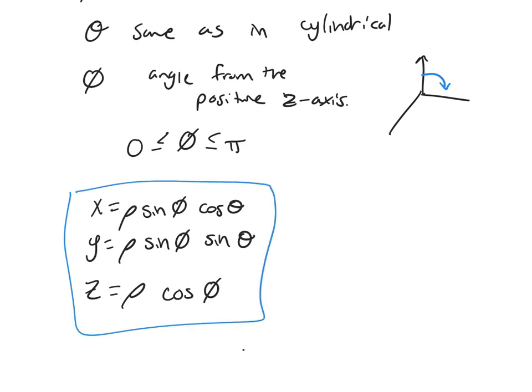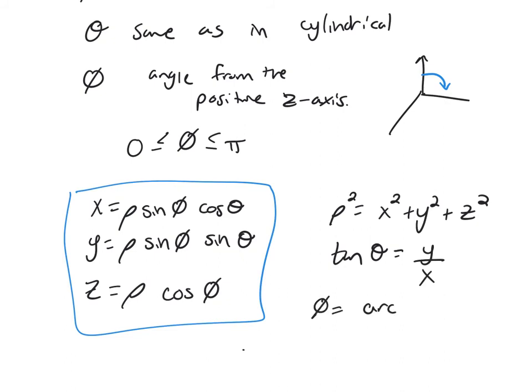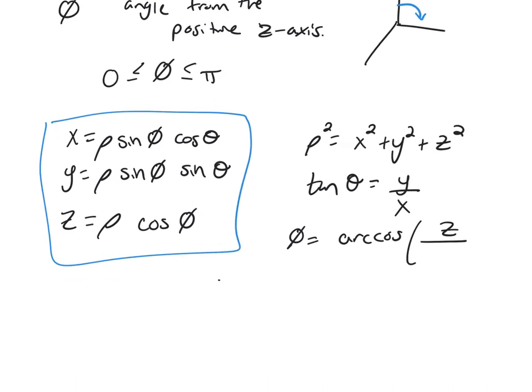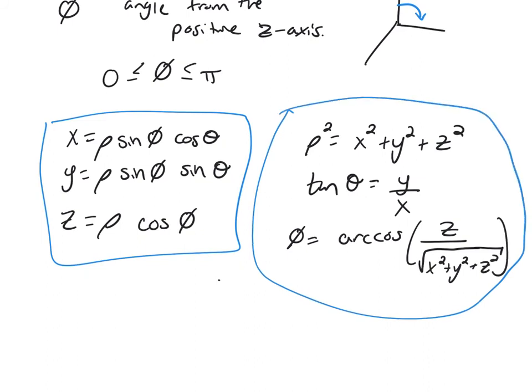And our second set, so rho squared, it's a similar equation to the formula for r squared. Tangent of theta is, because theta is the same, it's still y over x. And then phi is the inverse cosine of z over rho, which is the square root of x squared plus y squared plus z squared. So these are our second set of conversion equations.